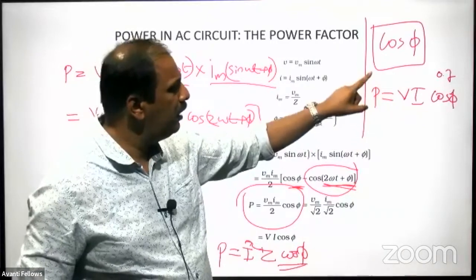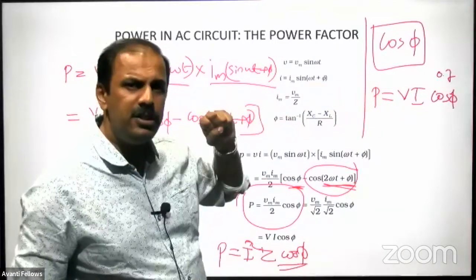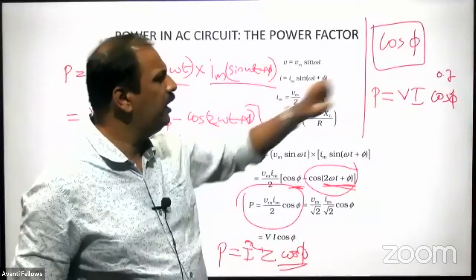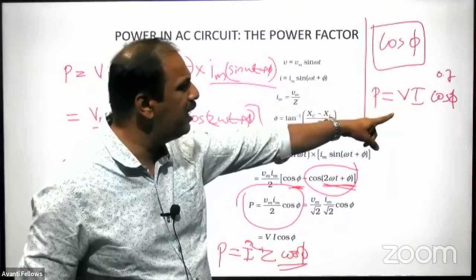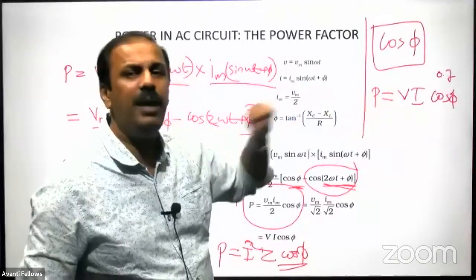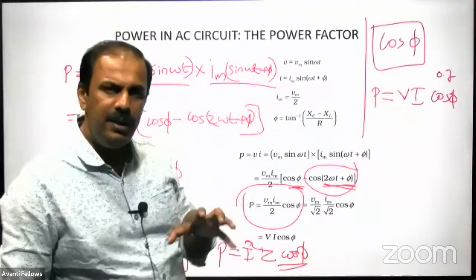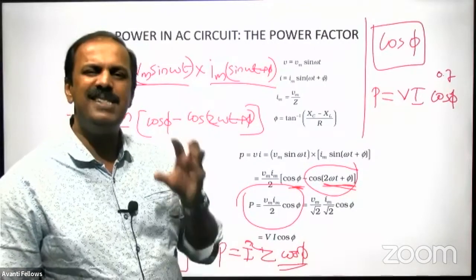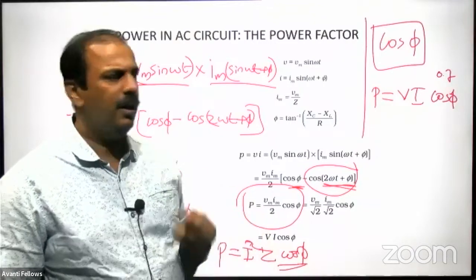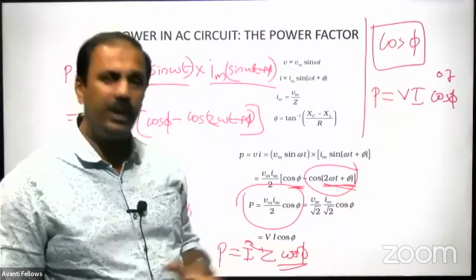Now, this power which we require is a constant value. We cannot change that. If the cos phi goes down, voltage also will not go down. The only thing is, to give the same power, our current should be more. That is, if the power factor is not 1, then to supply the same power to a particular place, we have to use more current.